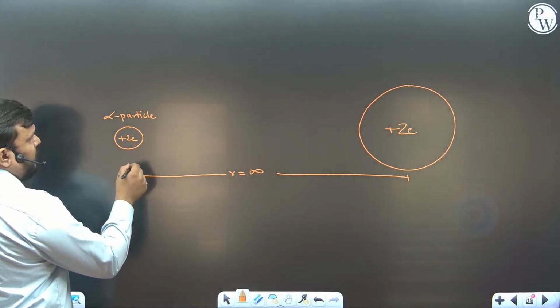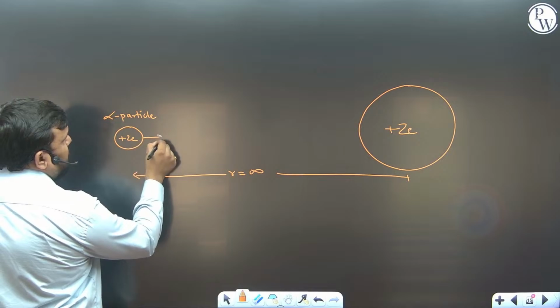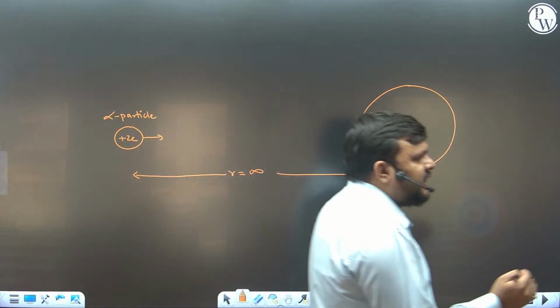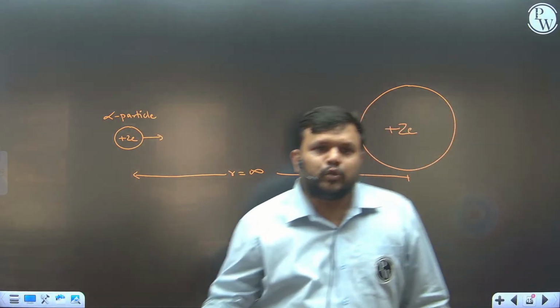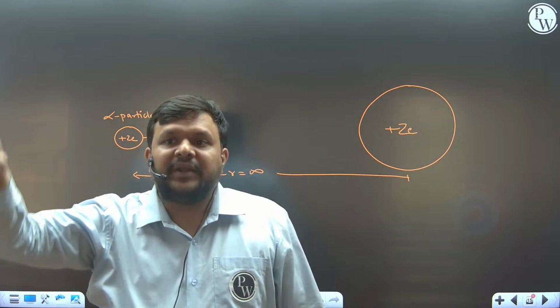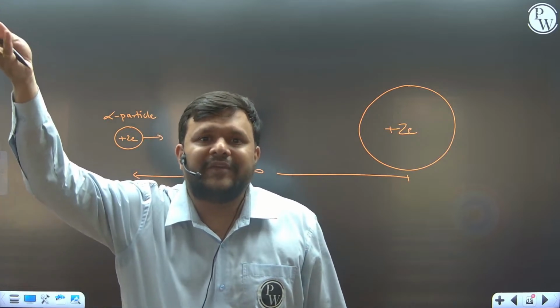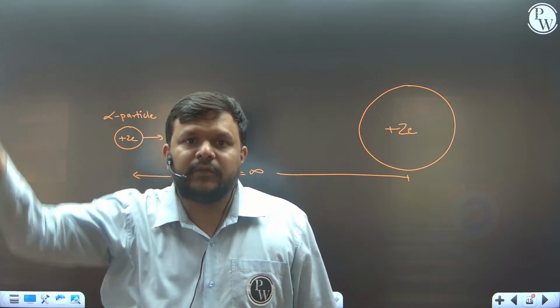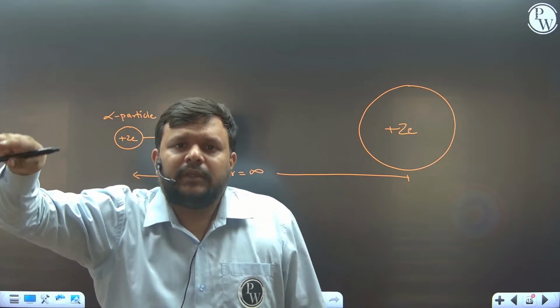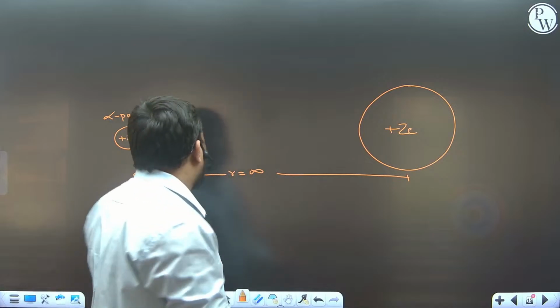But what will happen as this alpha particle is moving towards the nucleus? It will get decelerated, just like when you throw a stone upward. It decelerates due to gravity, the velocity goes on decreasing, and after some time it comes down. Similarly, what will happen over here?